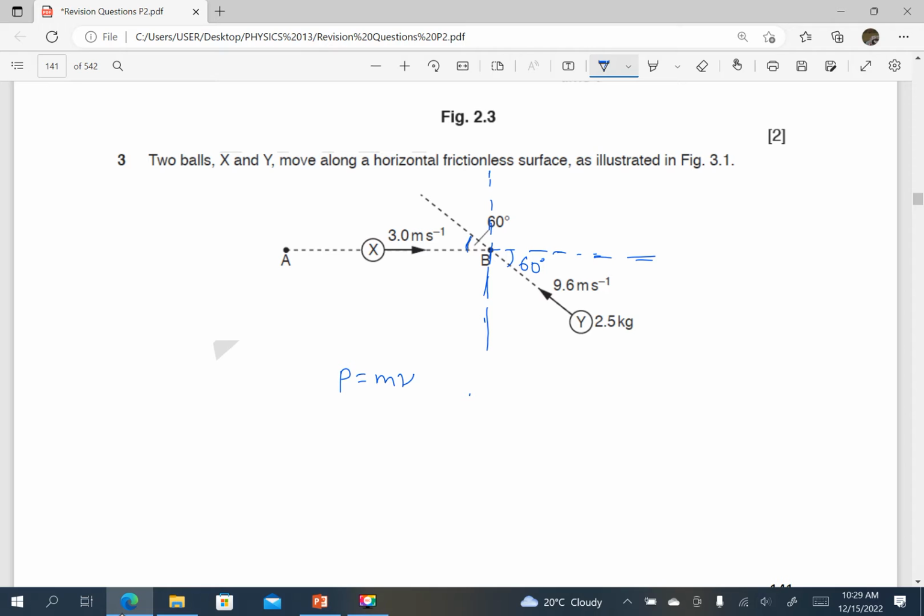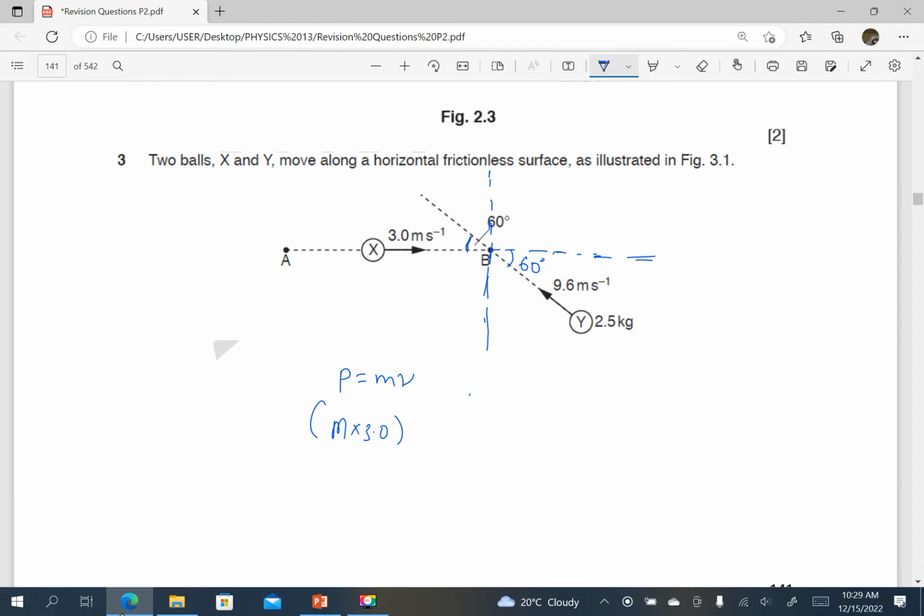So total momentum before collision is going to be the mass, which I want. I will call it m. The mass m, the speed is 3.0. The other one was initially at rest? No, not at all.